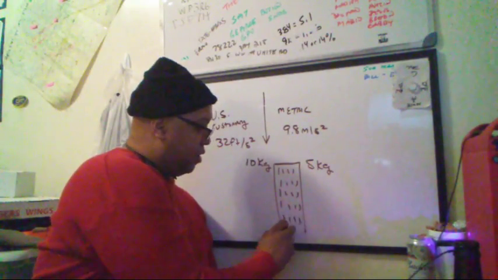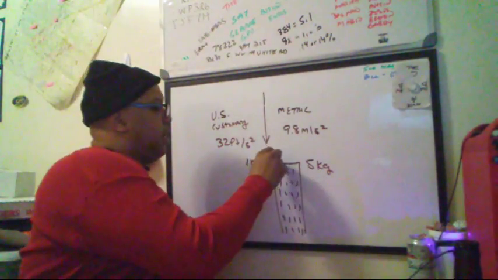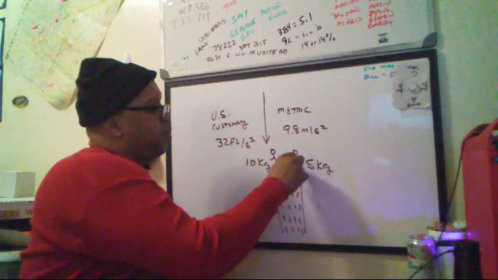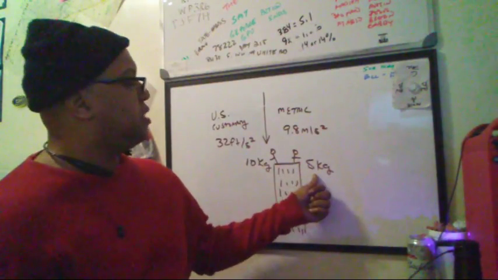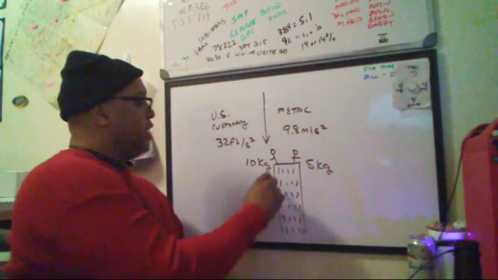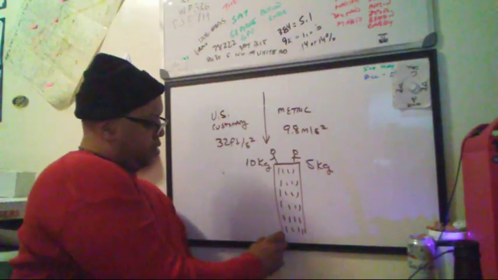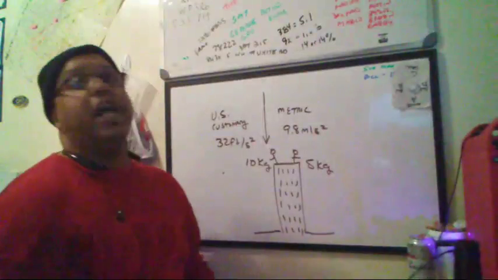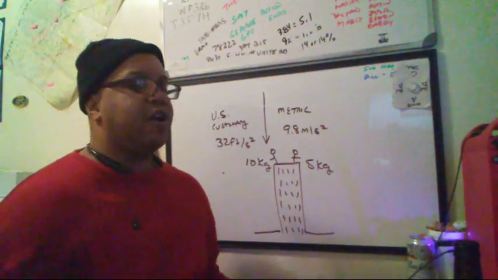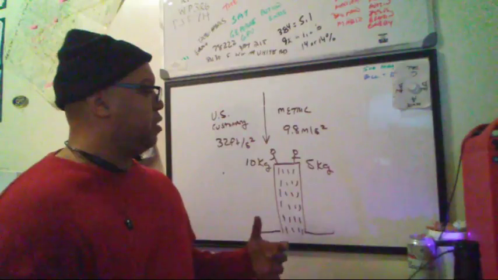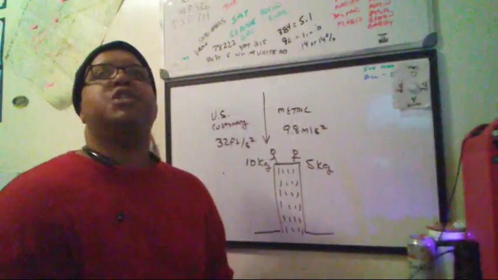One person is on this side, one person is on this side. This person is holding a 10 kilogram object. This one is holding a 5 kilogram object. These guys are 500 meters above the ground, and on the count of 3, we're going to release the objects. 1, 2, 3.